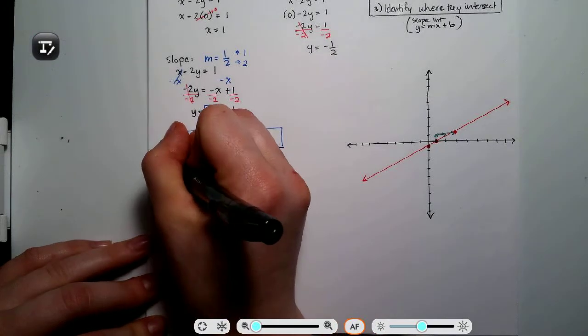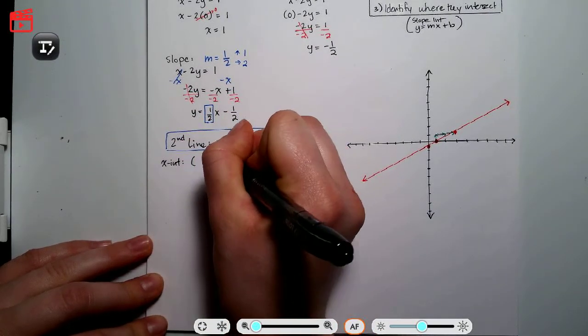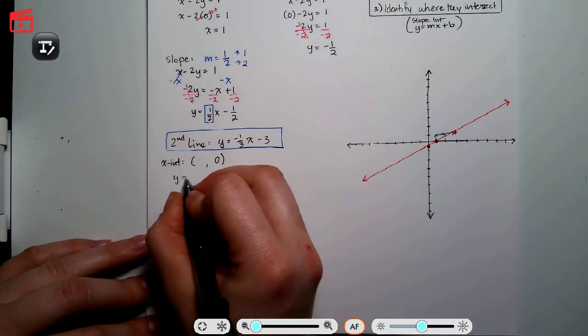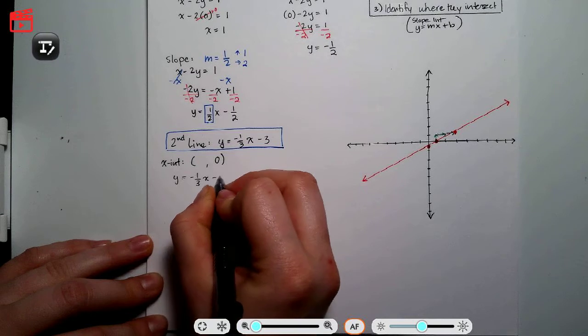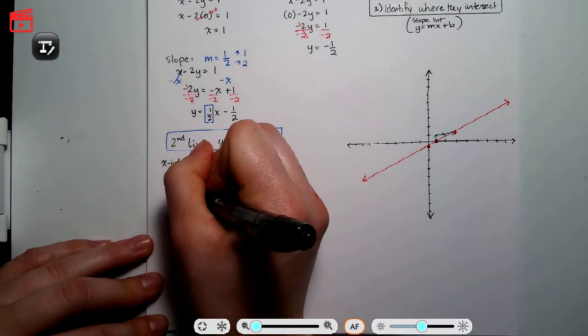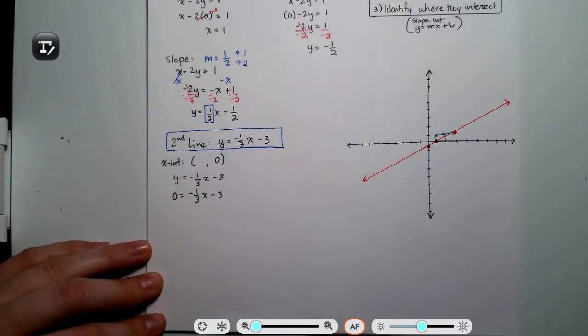So for the x-intercept, remember we set y to 0 and solve for x. So using our equation, setting y to 0, we have 0 equals negative 1/3 x minus 3. Solving for x, let's add 3 to both sides.